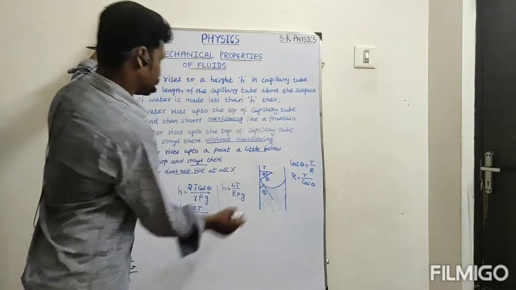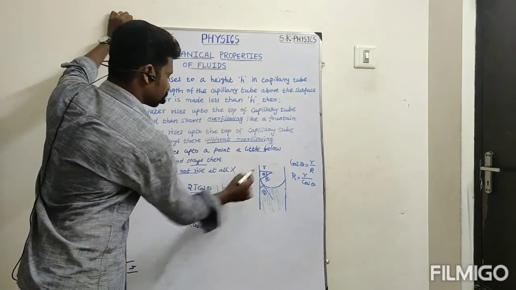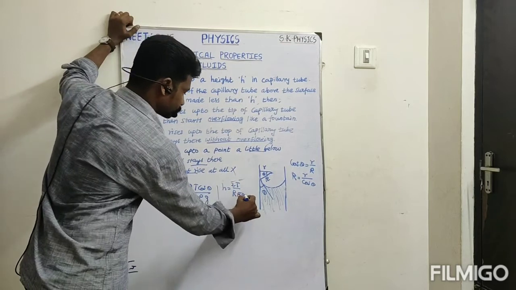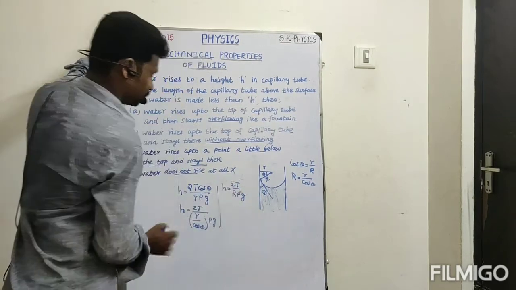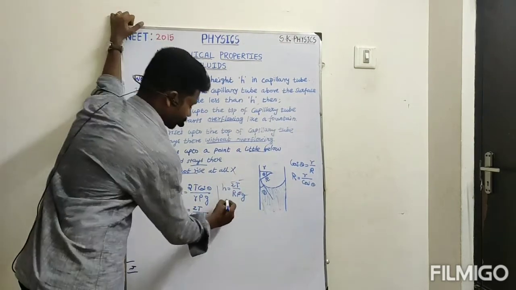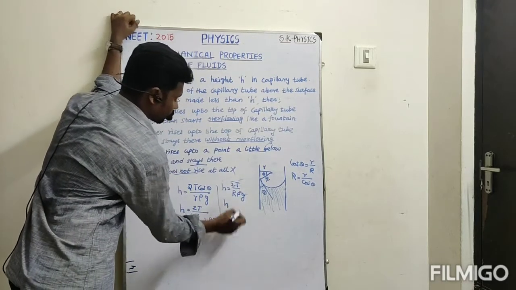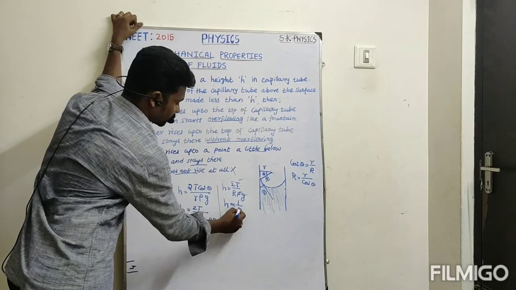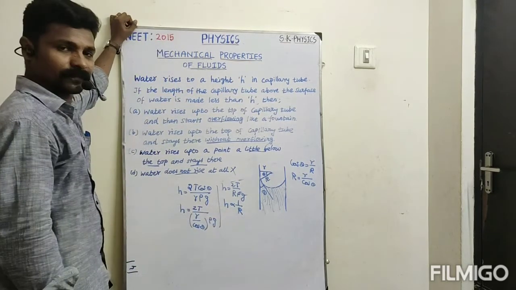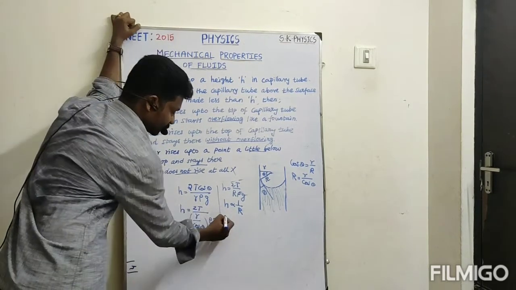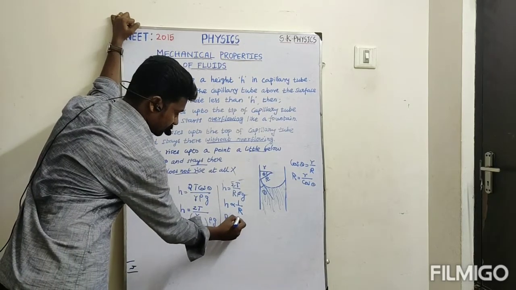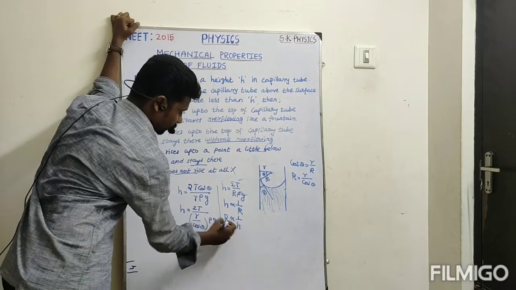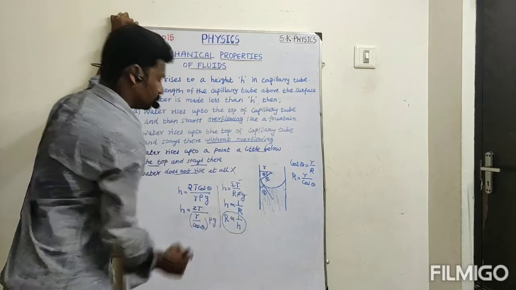If you observe in this case, the surface tension, density of the liquid and gravity are all constant. So I can write that the height of the capillary tube is inversely proportional to the radius of the meniscus.